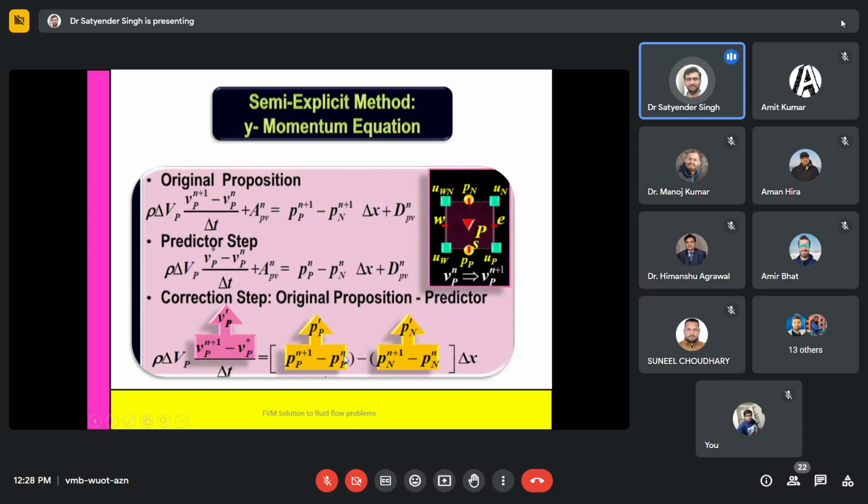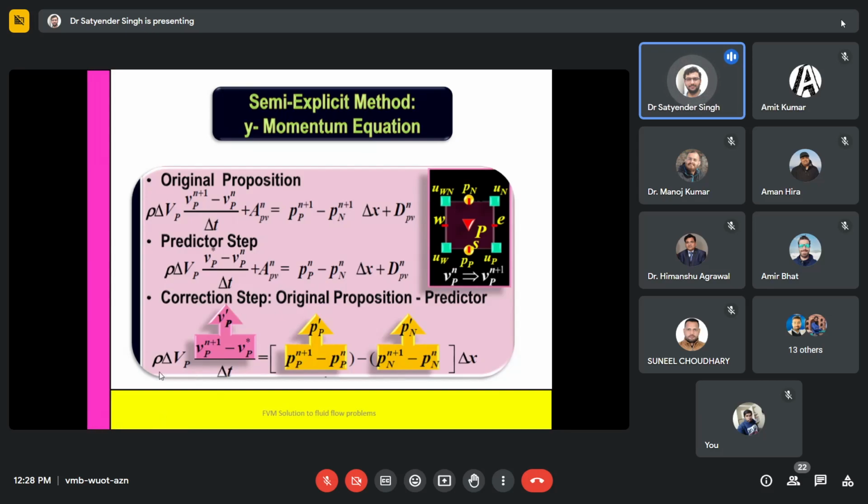Let's say p is 0 initially. So I will have this p prime and p n prime, and I will now have some numerical value available for v p prime. So rearranging this equation for v p n plus 1, I can write v p n plus 1 is equal to v p star plus v p prime.